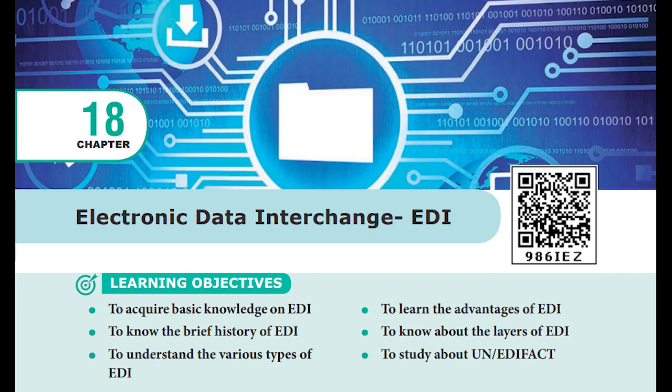The supplier will send the invoice. The invoice is nothing but a bill. The buyer will get the bill, and once the buyer pays it, the supplier will send the product. So this is done by electronic data interchange, that is EDI.